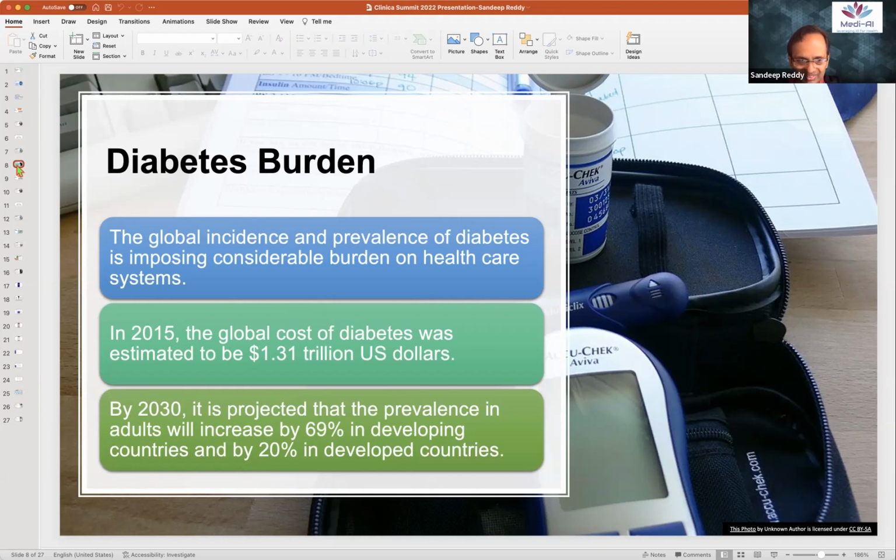And by 2030, it's projected that the prevalence of diabetic adults will increase by 69% in developing countries and by 20% in developed countries. These figures give you an estimation of how diabetes can be a burden in any part of the world.